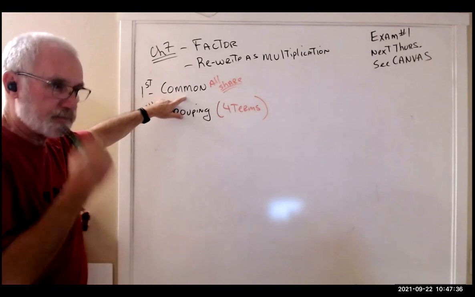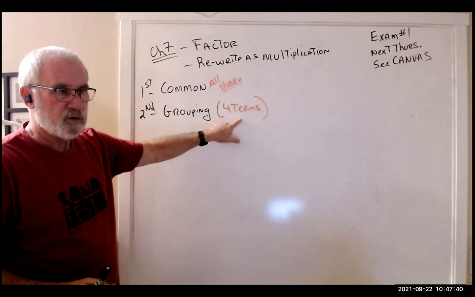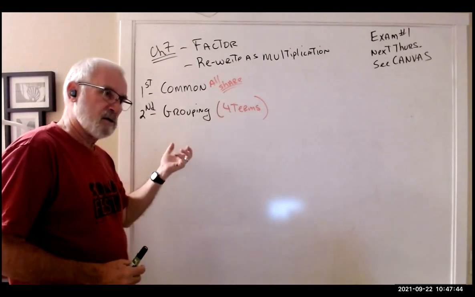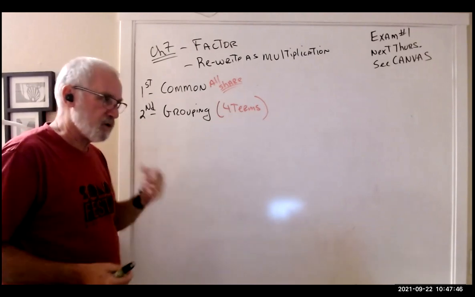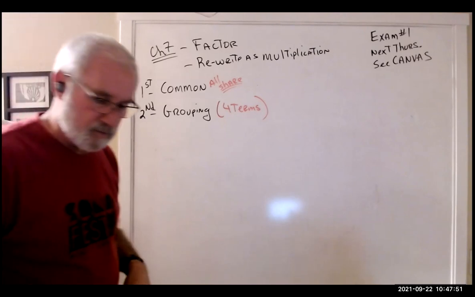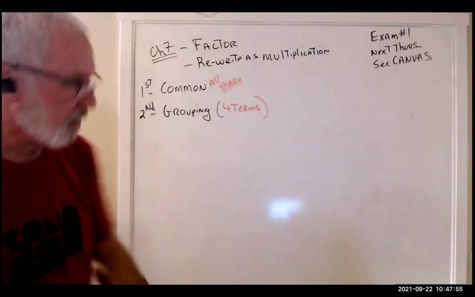That's first. If there are 4 terms, then you do this grouping technique. So I'm going to show you that now. Then we'll go on to another technique in a minute. So if there are 4 terms, here we go.